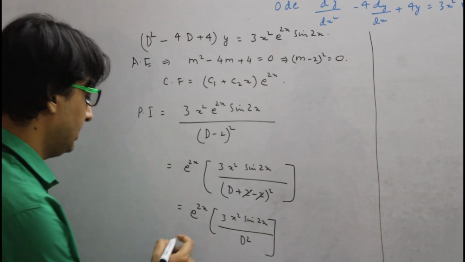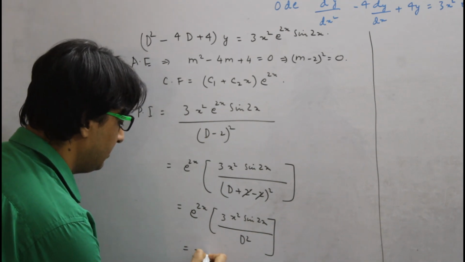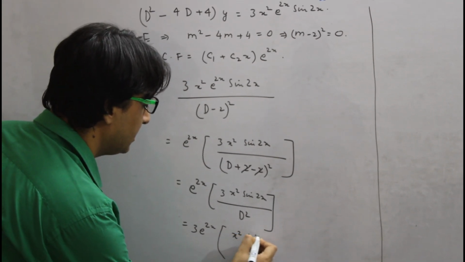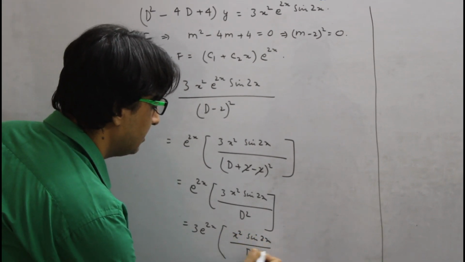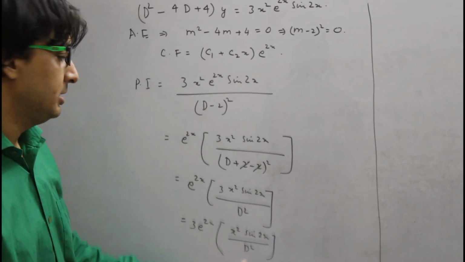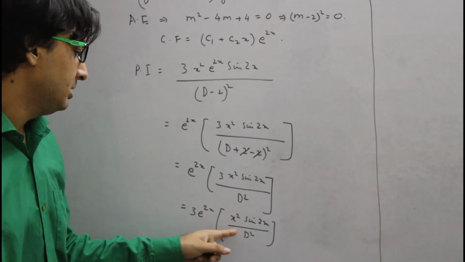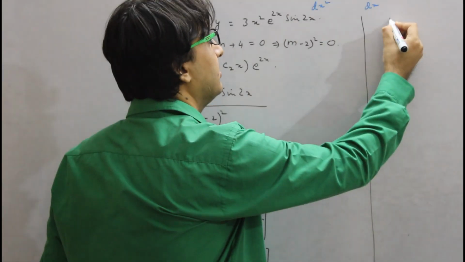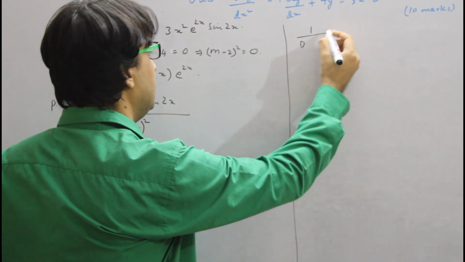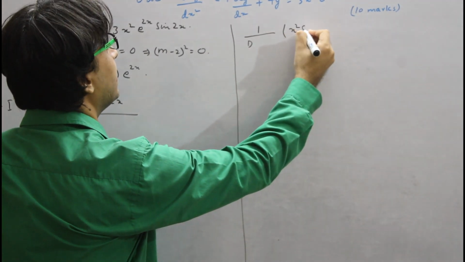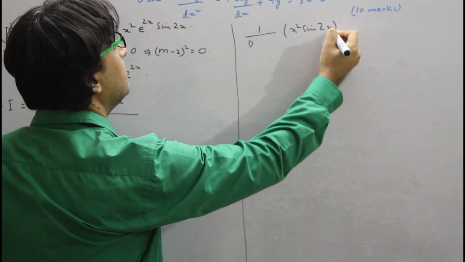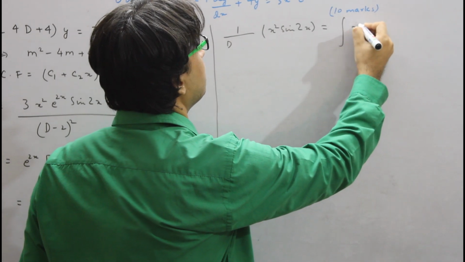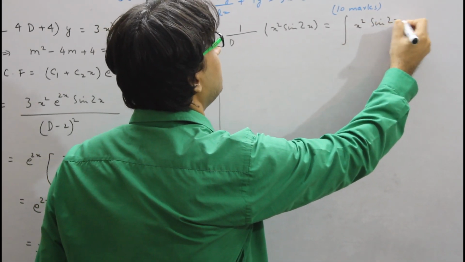So I am going to keep 3 e to the power 2x outside, and I will use the operator, that is 1 by D square. That means I am going to find the integral of this twice. So if I write here 1 by D of x square sine of 2x, that is going to give us the integral of x square sine 2x.